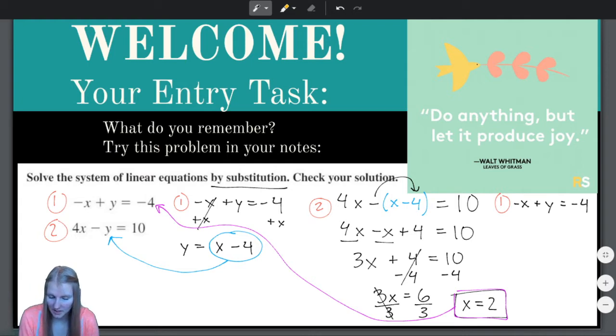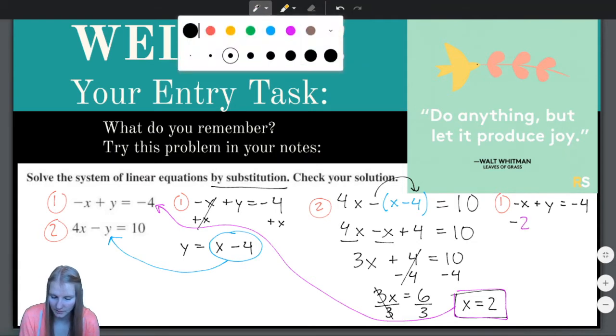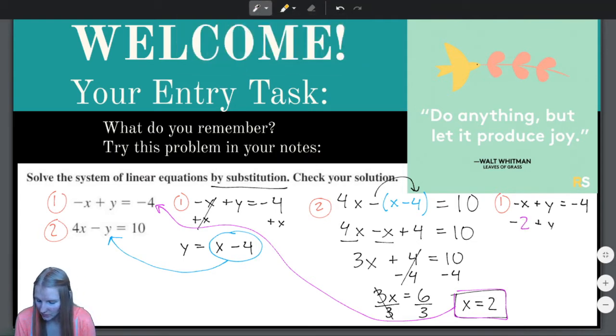Negative x plus y equals negative 4. We're going to replace the x with a 2 because x is equal to 2. Plus y equals negative 4. Don't forget your negative here. I know that x is 2, but we want negative x, which would be negative 2.